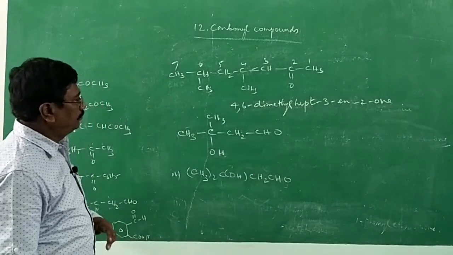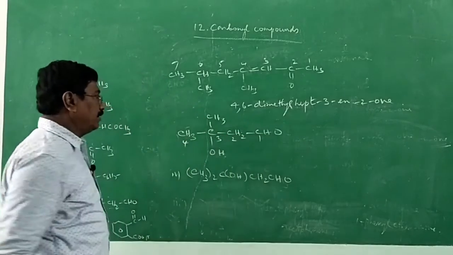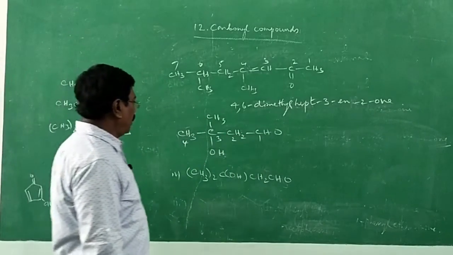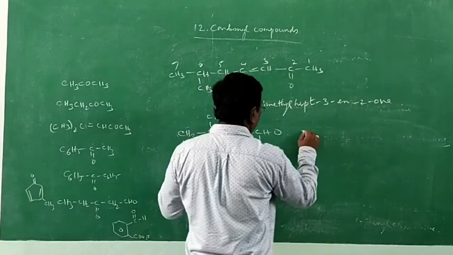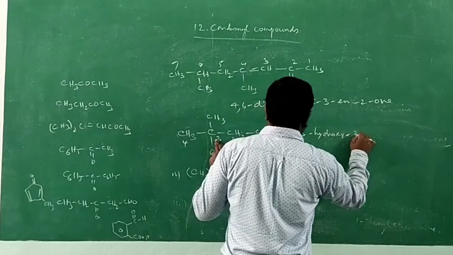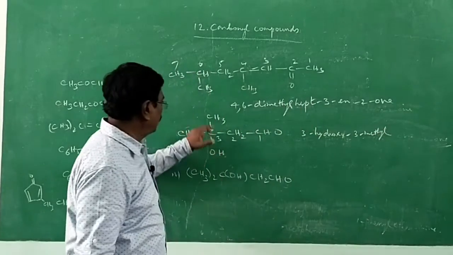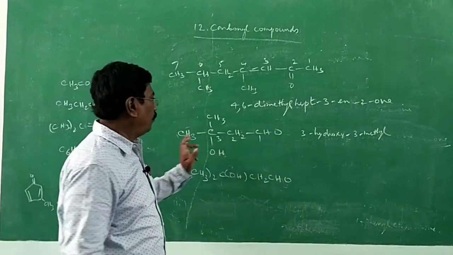Alright. What about IUPAC name? 1, 2, 3, 4. Priority to aldehyde. Totally 4 carbon atoms, but at the third carbon atom we have hydroxy substituent. At third carbon atom we have methyl substituent. Hydroxy first, methyl next. 3-hydroxy, 3-methyl.